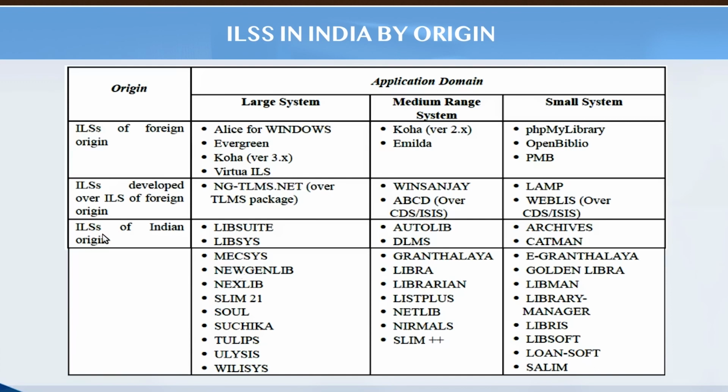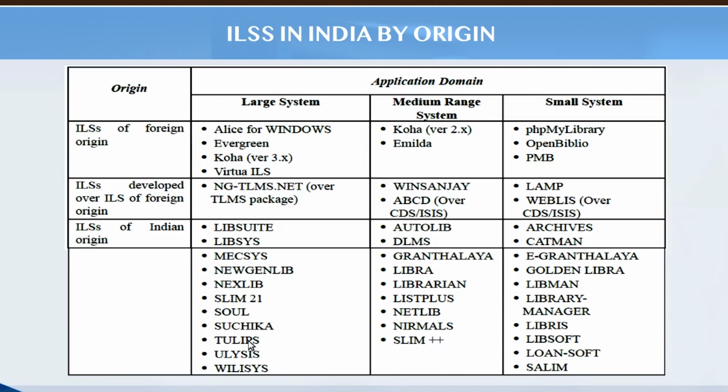So for ILSs of Indian origin for large scale we actually have many: LibSuite, LibSys, Mekis, NewgenLib, NextLib, Slim21, Soul, etc. But many of the other software were historically utilized and are still used by some libraries, but they are not in the mainstream anymore.